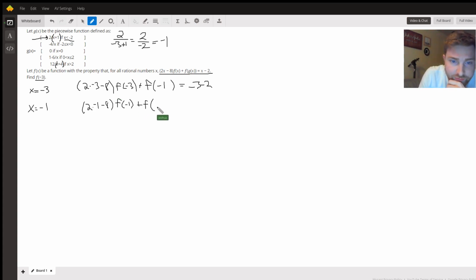Plus f of g at negative 1, equals negative 1 minus 2. All right, so g at negative 1. Negative 1 is between negative 2 and 0, so we're going to use negative 4 divided by x. So negative 4 divided by our x value, which is negative 1.